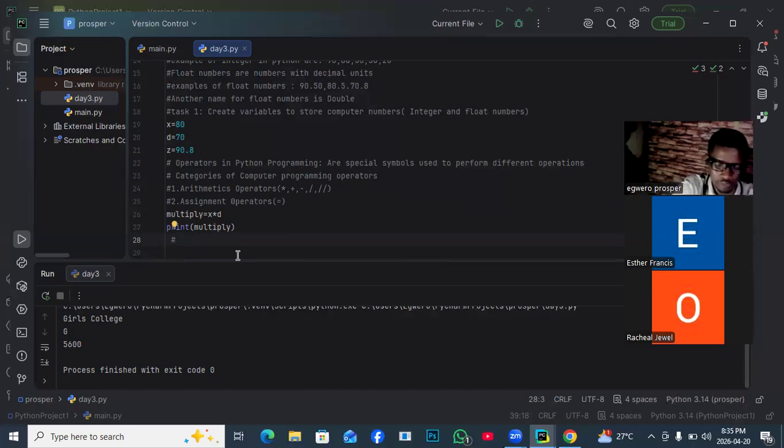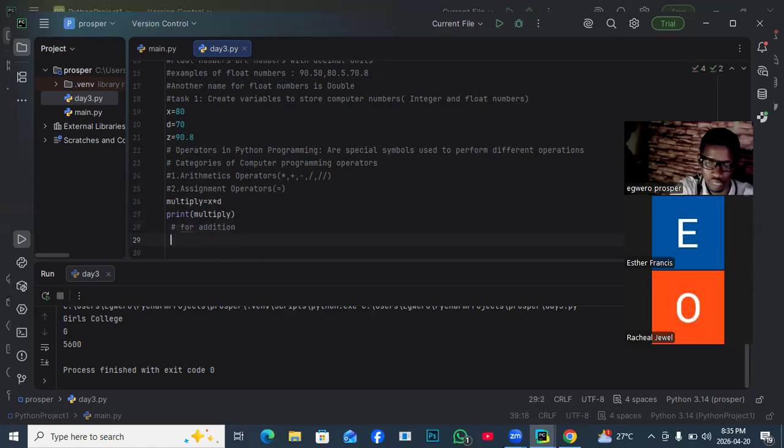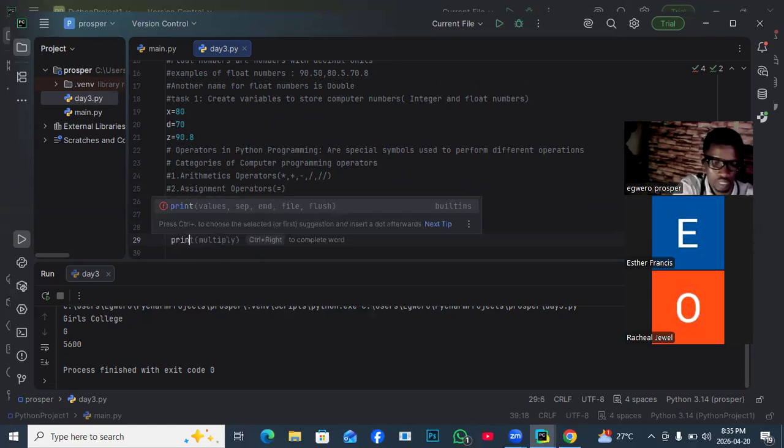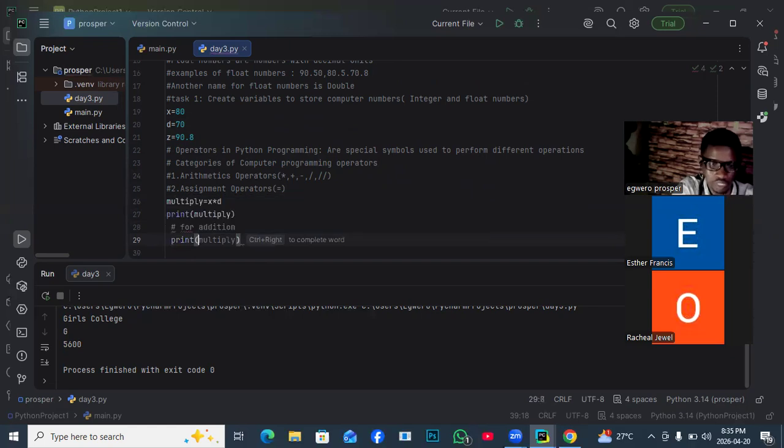So let's create one for addition. We are using the same variable values. Let's create a variable to hold the addition calculated value.